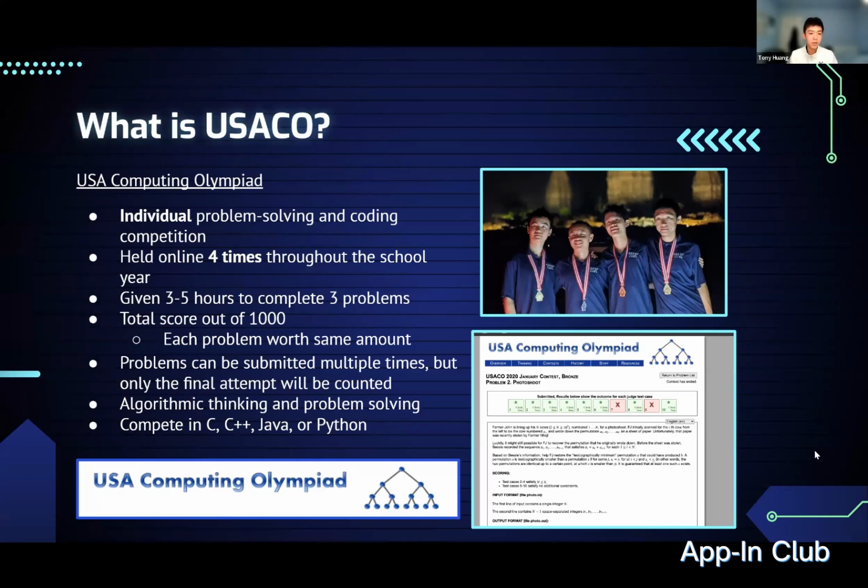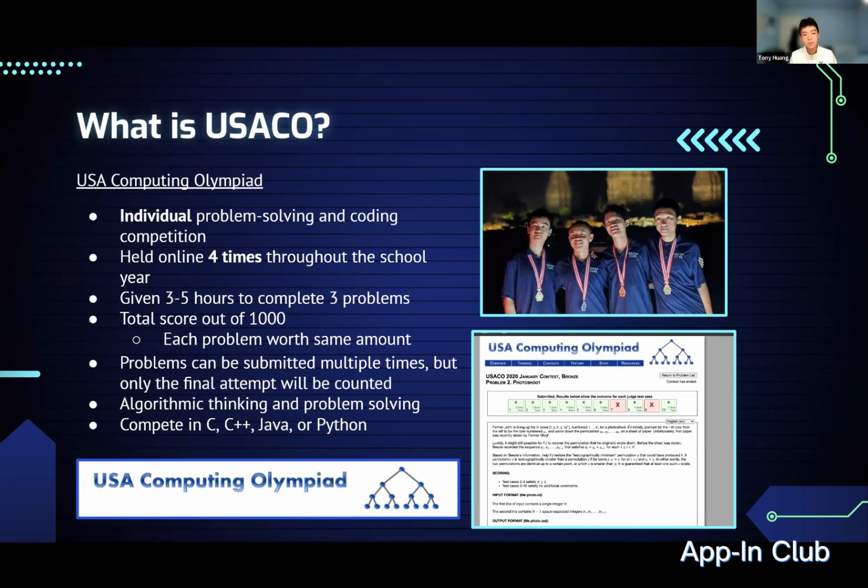USACO stands for USA Computing Olympiad, and it's an individual problem solving and coding competition held during the months of December to April, and it is held 4 times throughout this school year. You have around 3 to 5 hours to complete 3 problems with a max score of 1,000, and each problem is worth the same amount of points.